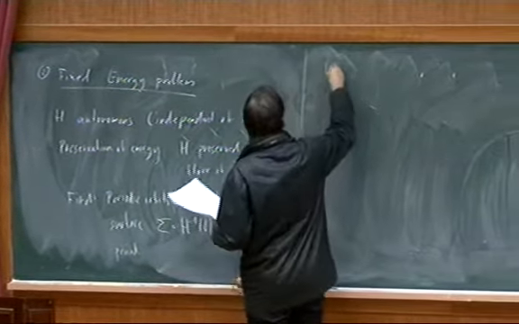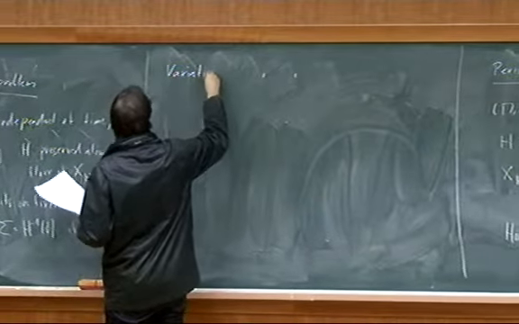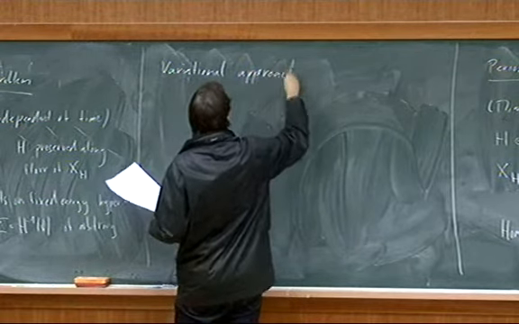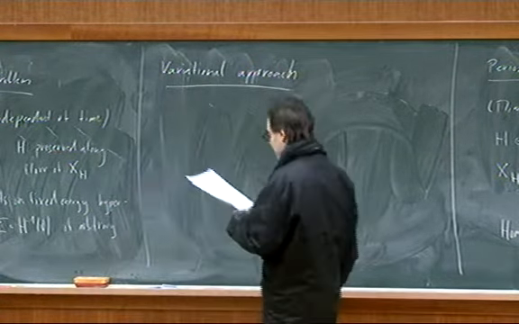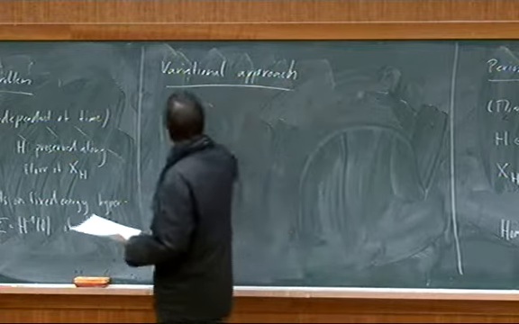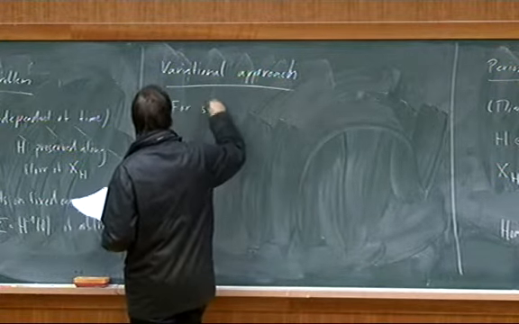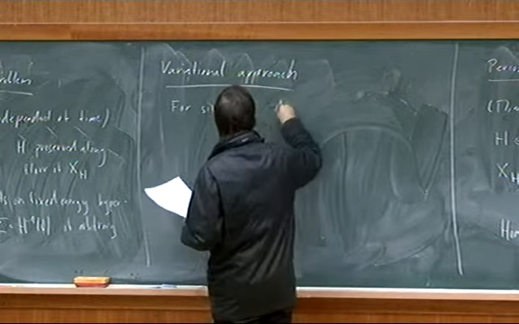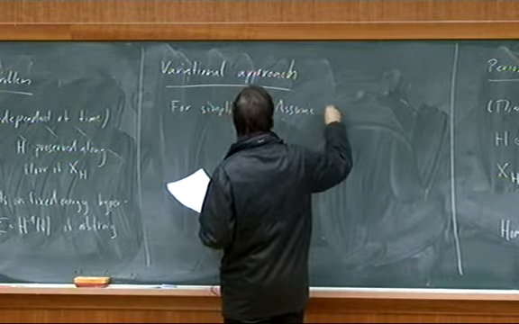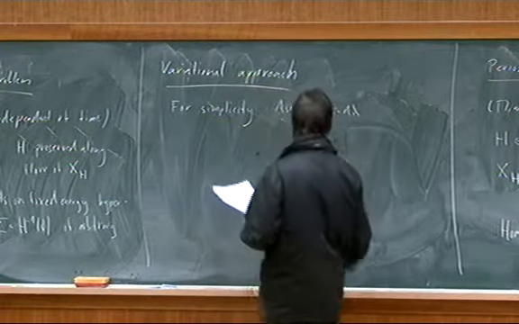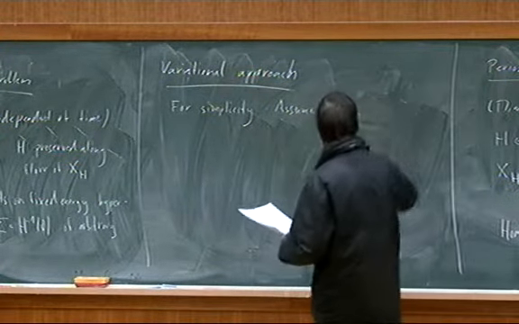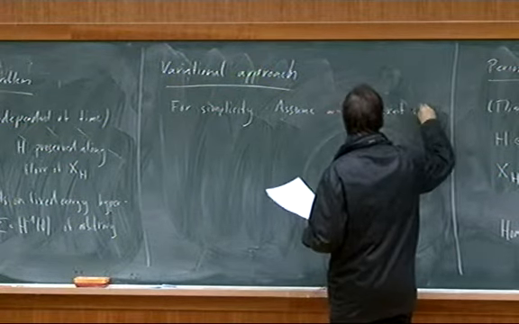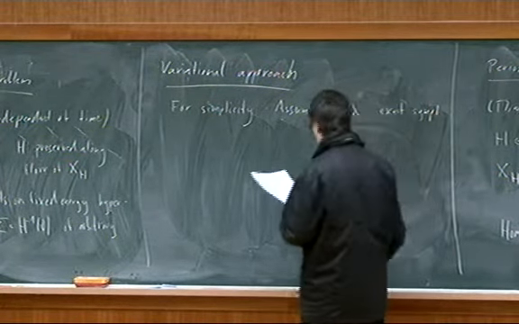For simplicity I would like to assume that omega is exact, so that omega just equals d lambda, an exact symplectic form.